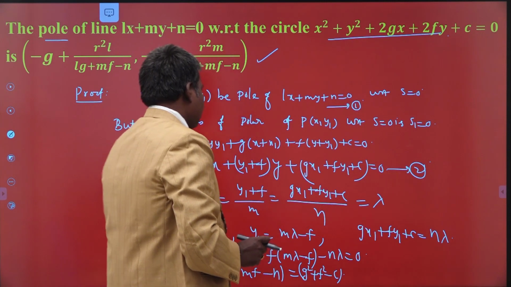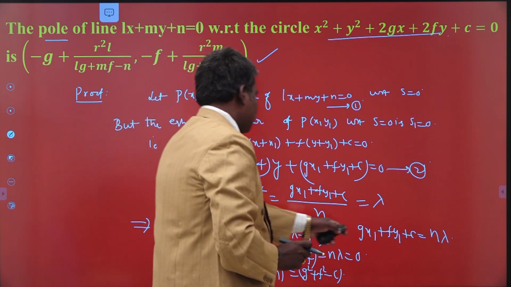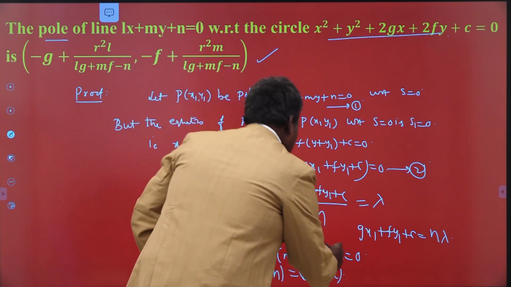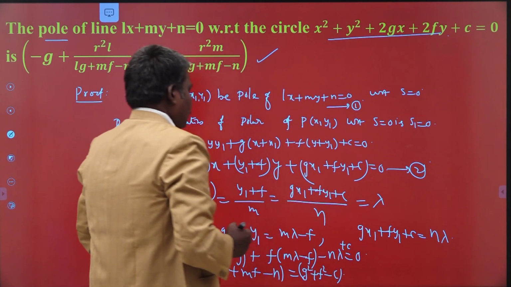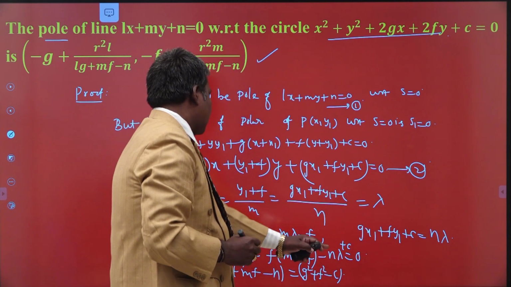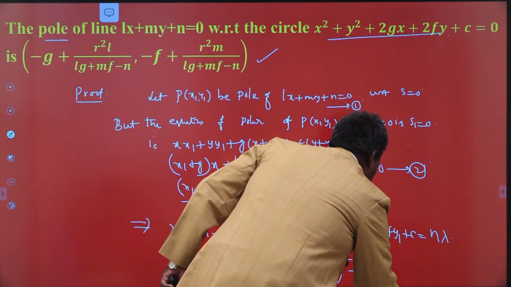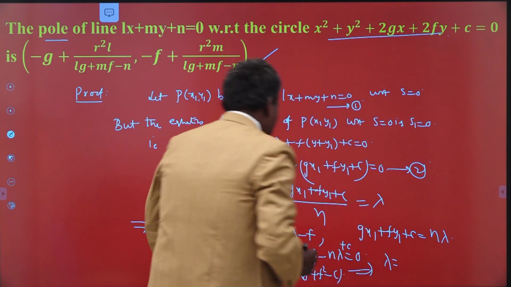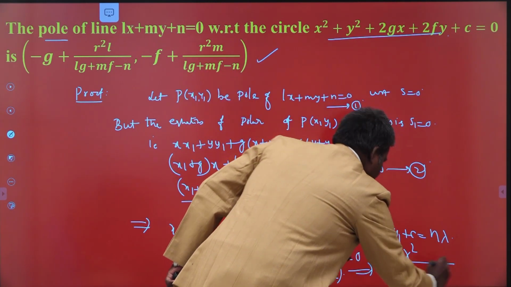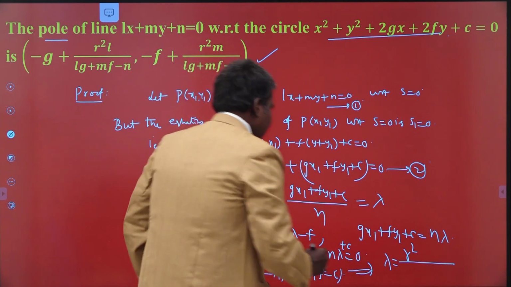See here, gx1 plus fy1 plus c is equal to N lambda. Plus c is also here. I am substituting x1, y1 here itself, we get in this manner. What is the lambda now? Lambda is equal to, what is your g square plus f square minus c? R square. R square by (Lg plus mf minus n).